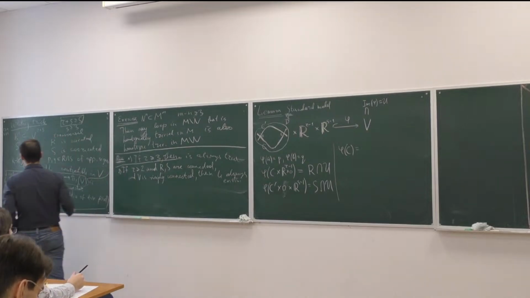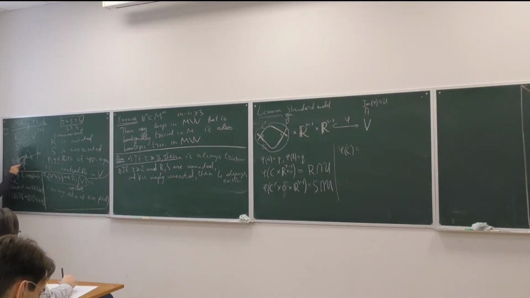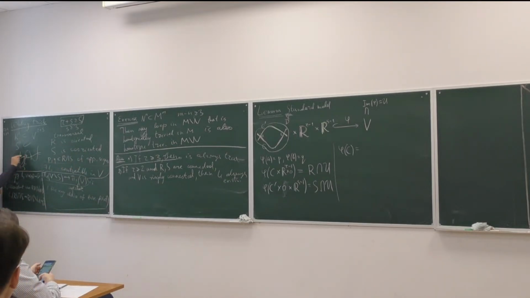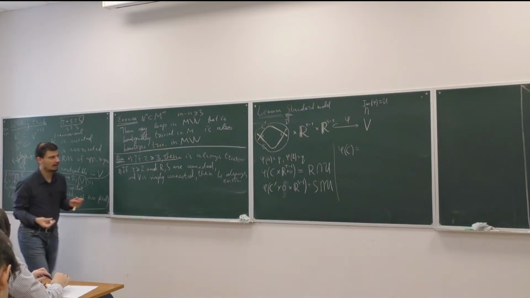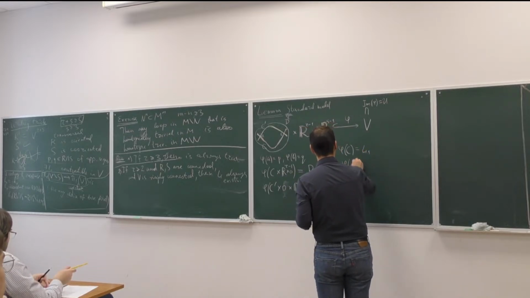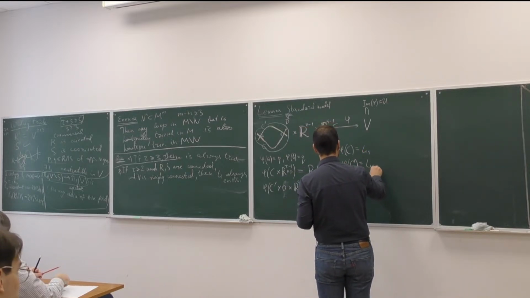Let us denote these two paths by L. L consists of two paths: L1 is a path between P and Q, and L2 is a path between P and Q. Actually, I'm not precise here.